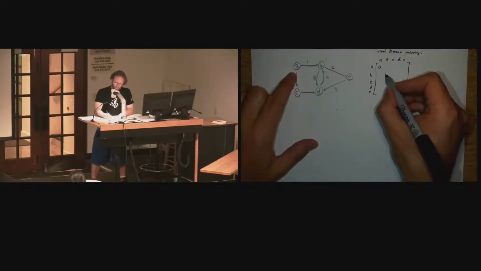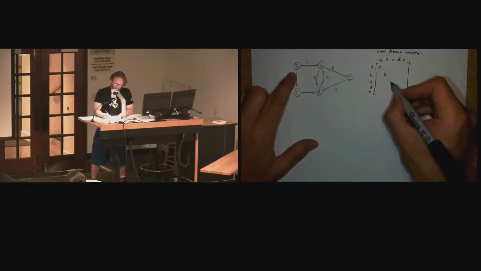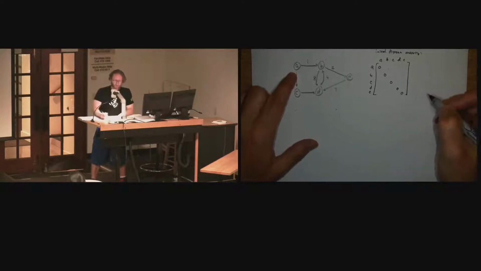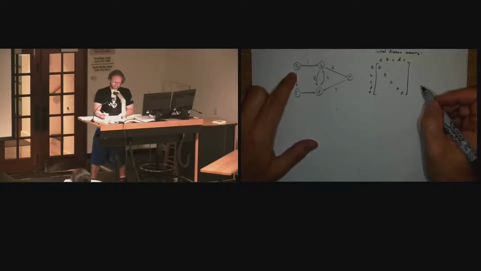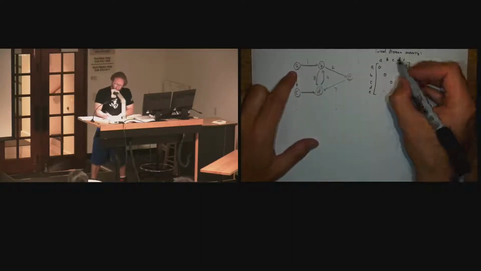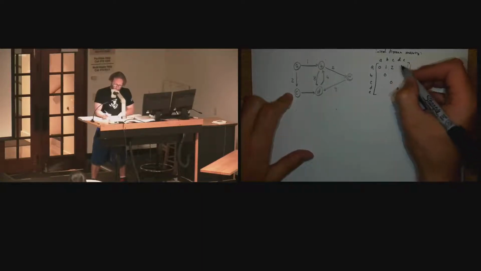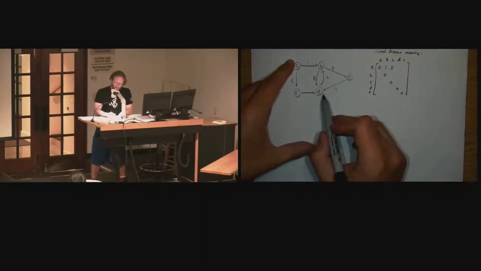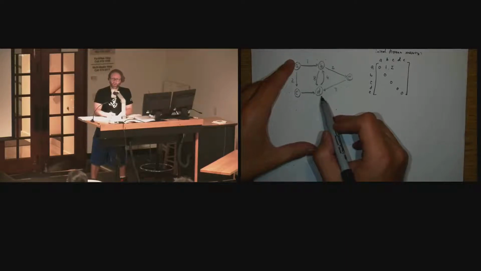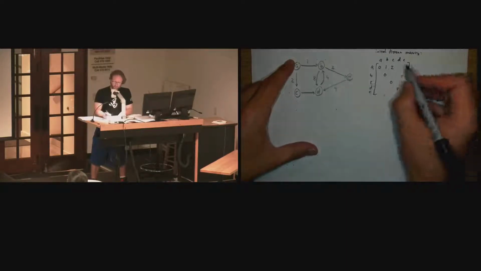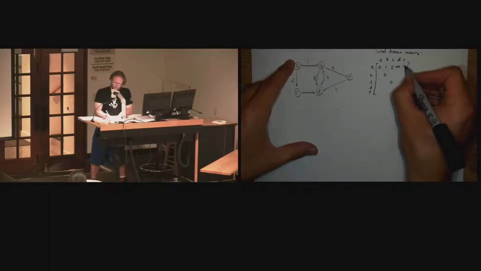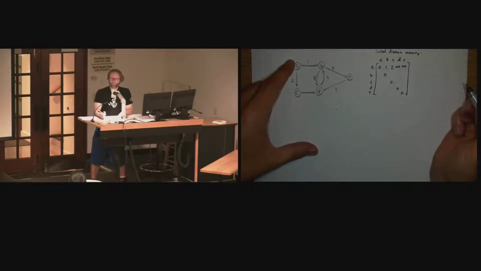In fact, going from anything to itself is going to be a distance of 0. That looks like a traditional adjacency matrix, right? I can go from A to B at a cost of 1. I can go from A to C at a cost of 2. Can I go from A to E or D with a single edge? Nope. So those get initialized to infinity.